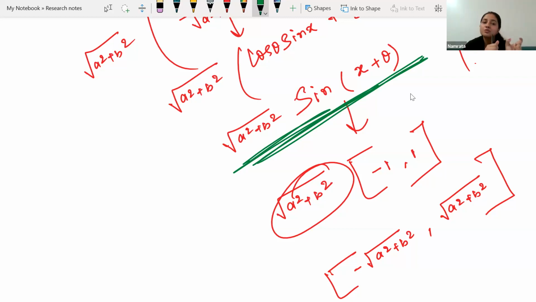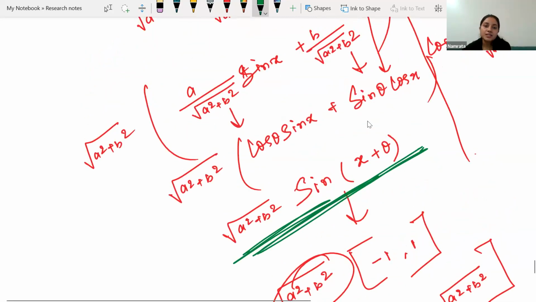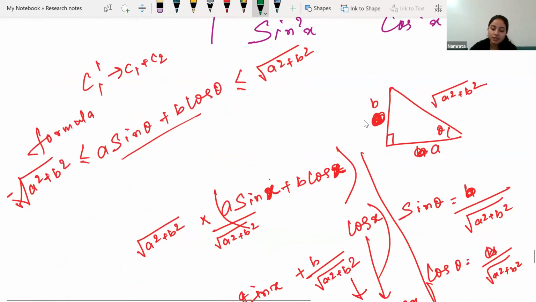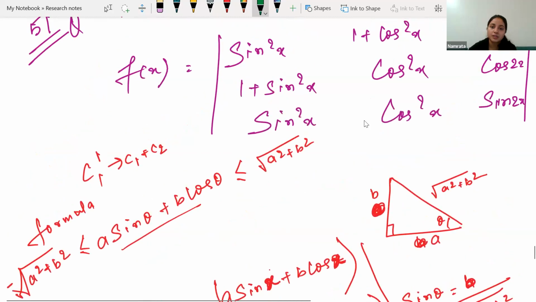But we have also taken under root a square plus b square, so we multiply it with our extreme value, and the expression a sin x plus b cos x will lie between minus under root a square plus b square and plus under root a square plus b square.